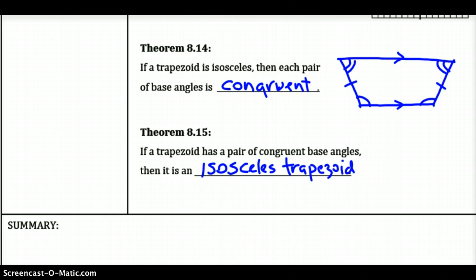So it's the converse of the previous theorem.